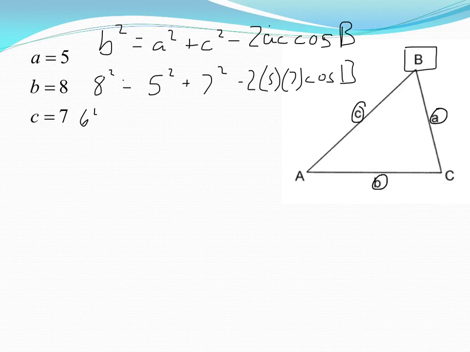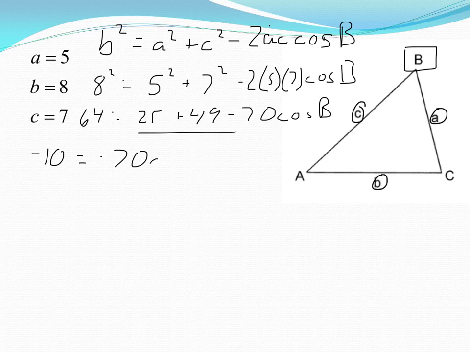Now let's take away these squares really quickly, and the next step will be to isolate the cosine so that we can then take the inverse cosine. So first we need to subtract these values to the left-hand side. 64 minus 25 minus 49 is negative 10.